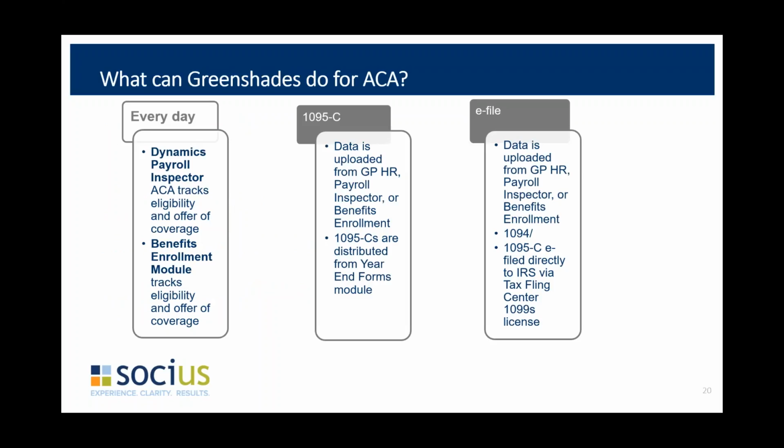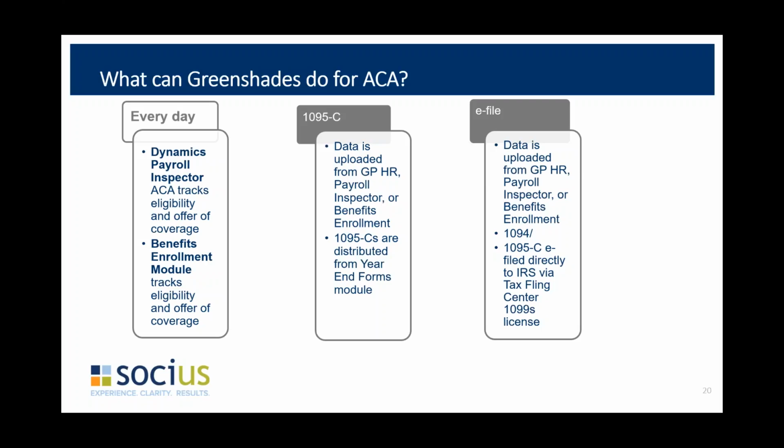So in regards to Greenshades, from an everyday perspective, the payroll inspector tracks eligibility and offer of coverage. And then there's also the benefit enrollment module that tracks eligibility and offer of coverage. So depending on your circumstances, one of those two modules would be what you use. In regards to the 1095C, data is uploaded from GP HR, payroll inspector or benefits enrollment, and the 1095Cs are distributed from the year-end forms module.